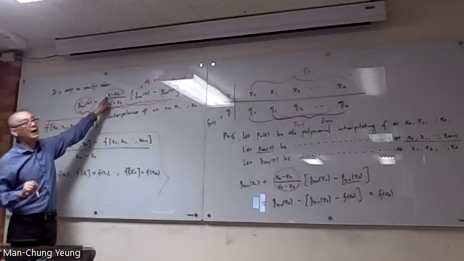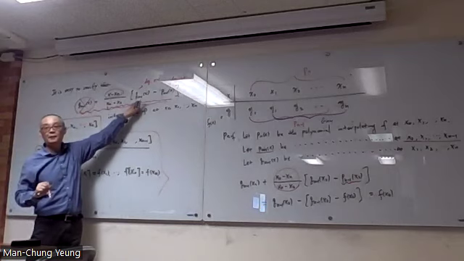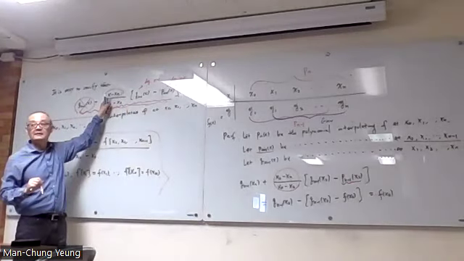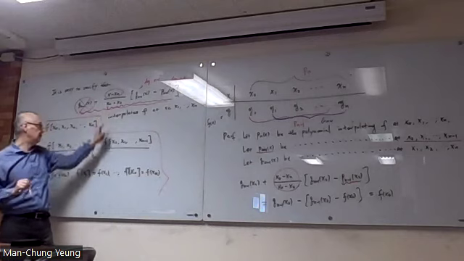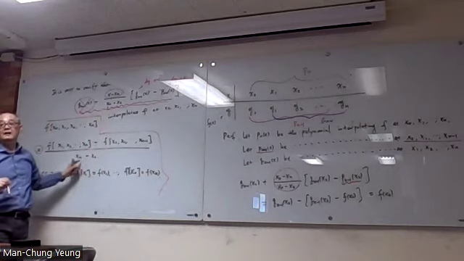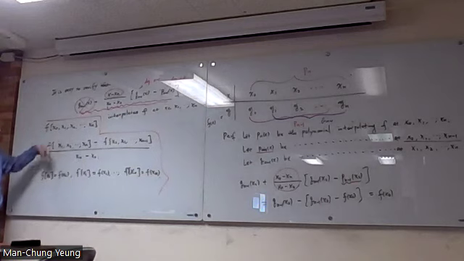Then this is degree n minus 1, multiplied by x, with the coefficient xn minus x0. To compare, these will be equal, so we have this equation.